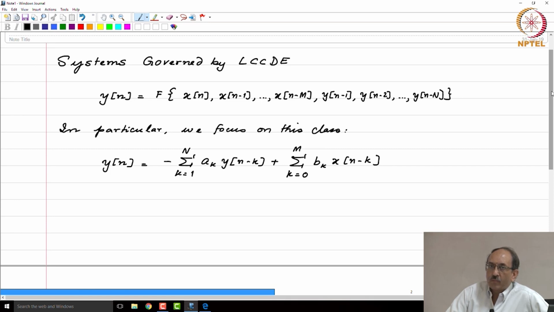Can you give me an example of an LTI system that is not governed by a linear constant coefficient differential equation? Because LTI systems, that is a larger class, LCCDE is a subclass. So I am asking you to give me a member of something that is LTI but still not LCCDE in continuous time.